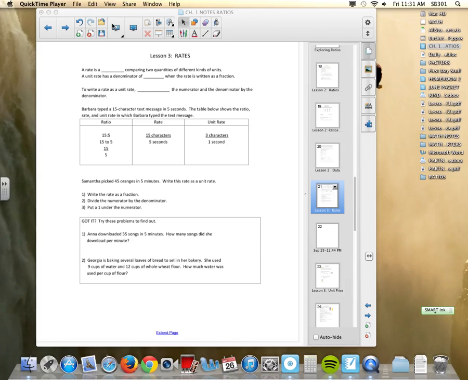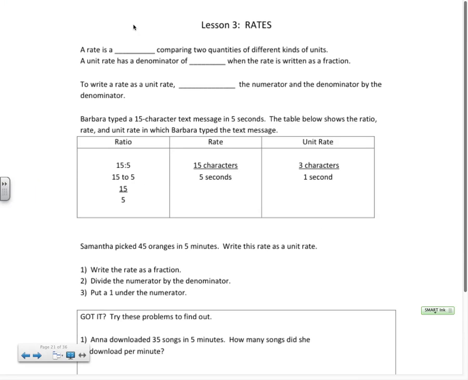All right. Lesson 3, rates. I'm just going to read through it and I'll add some more information as I go through this page. A rate is a ratio comparing two quantities of different kinds of units. That should sound just like a ratio.